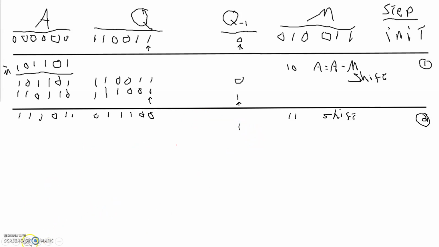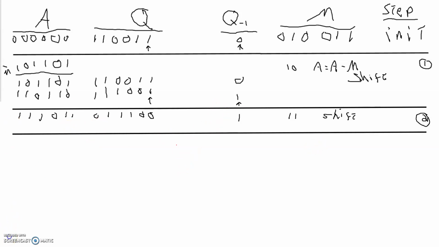Let me just bring that up a bit to save us some room. That 1 that came over here, this way will not take up as much room on the screen. So let me just pause and add in the line. Okay, that ends step 2.